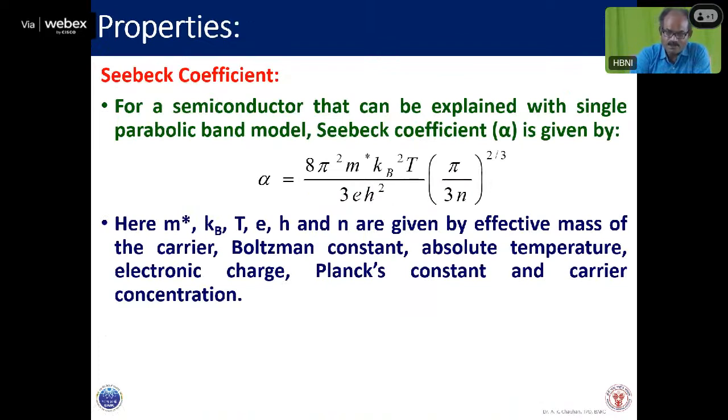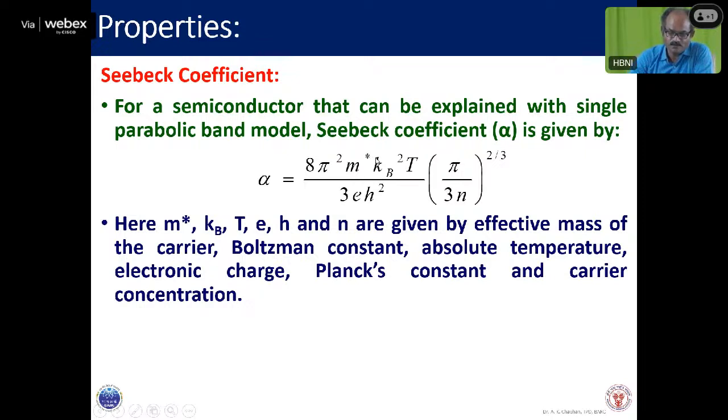Now, if we have a semiconductor material, the Seebeck coefficient is related to different parameters by this formula: 8 pi square m star k square T over 3 e h square, times pi over 3n to the power 2 by 3. m star is the effective mass.